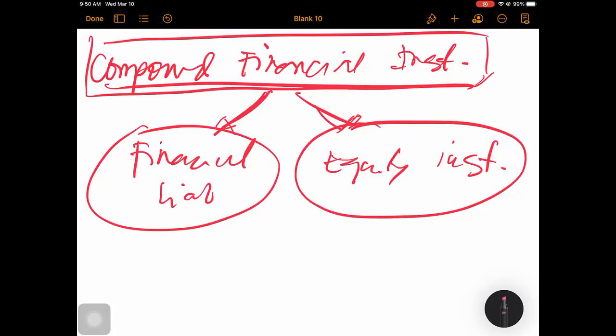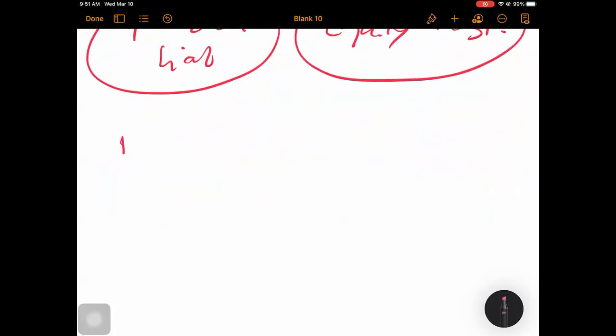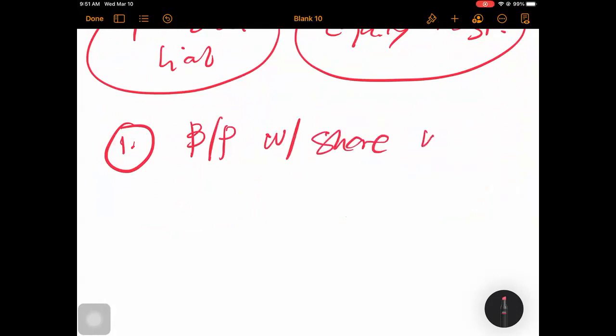Okay, so what are the common examples of compound financial instruments? We have two common examples. One is bonds payable issued with share warrants. Sir, unsa nang share warrants?